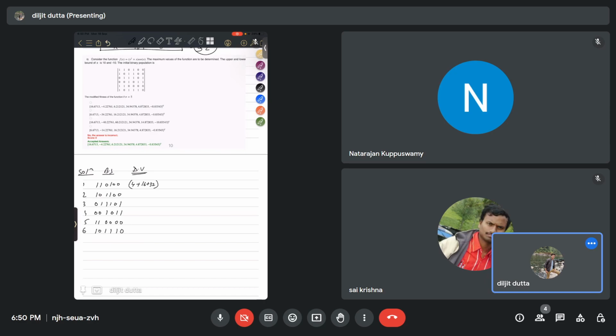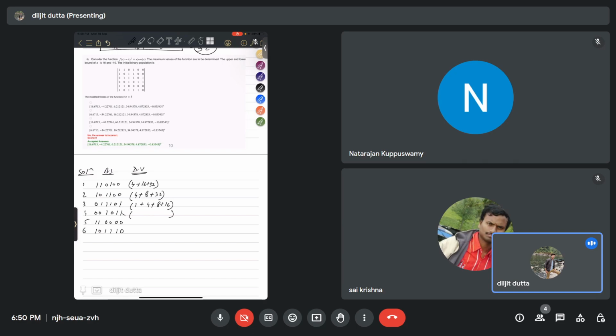For the second one again, 4 plus 8 plus 32. For the third one, 1 plus 4 plus 8 plus 16. So for the terms that have 0, we are not multiplying by that power. I hope this is clear. I have taught this decoding in the previous class also.